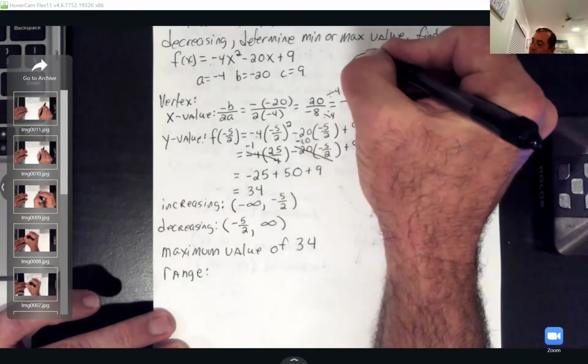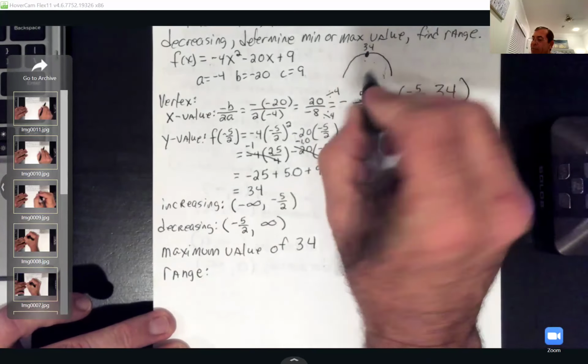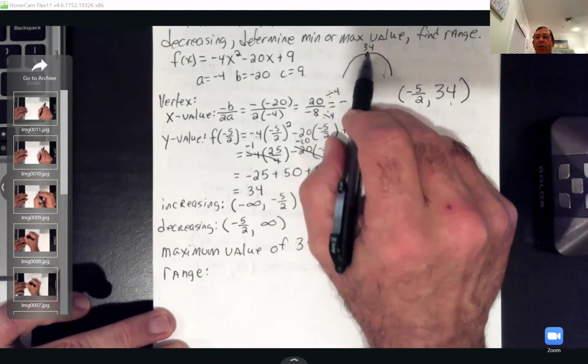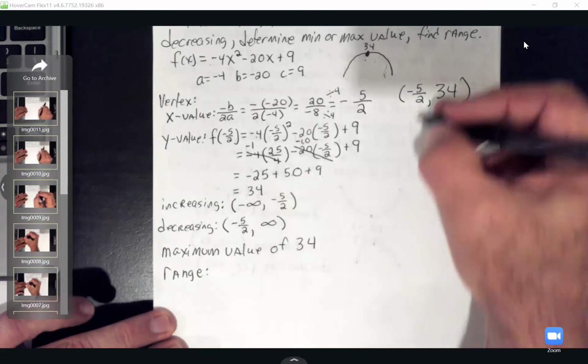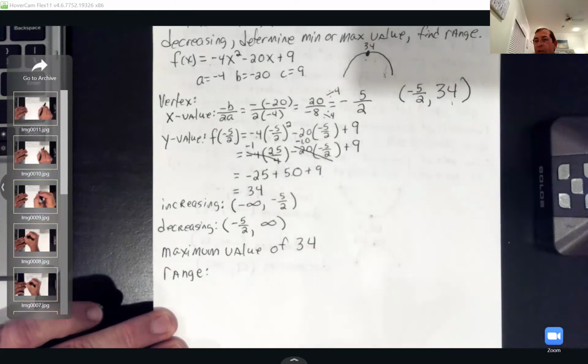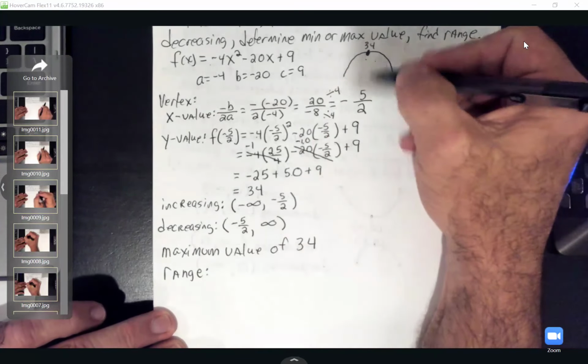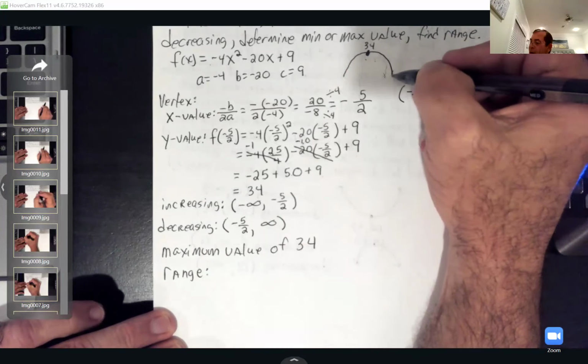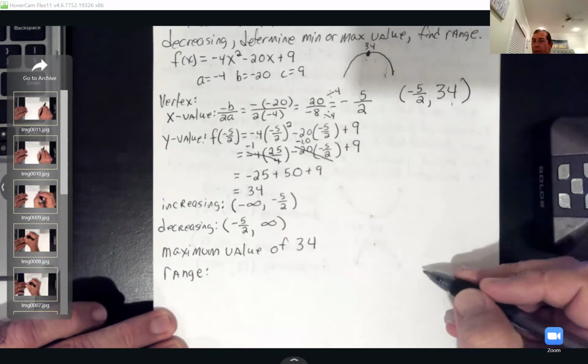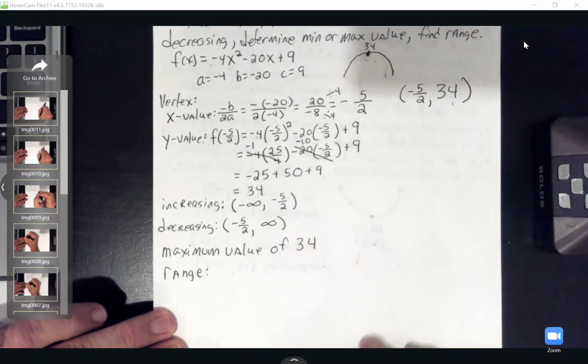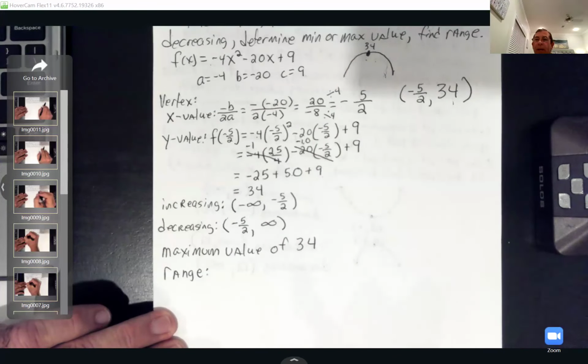So if 34 is my highest y value, now for the range you always want to start at the bottom and head upward. So remember, because this graph goes down forever. So if you're looking at the y values and you're coming in from the bottom, where are we coming in from?